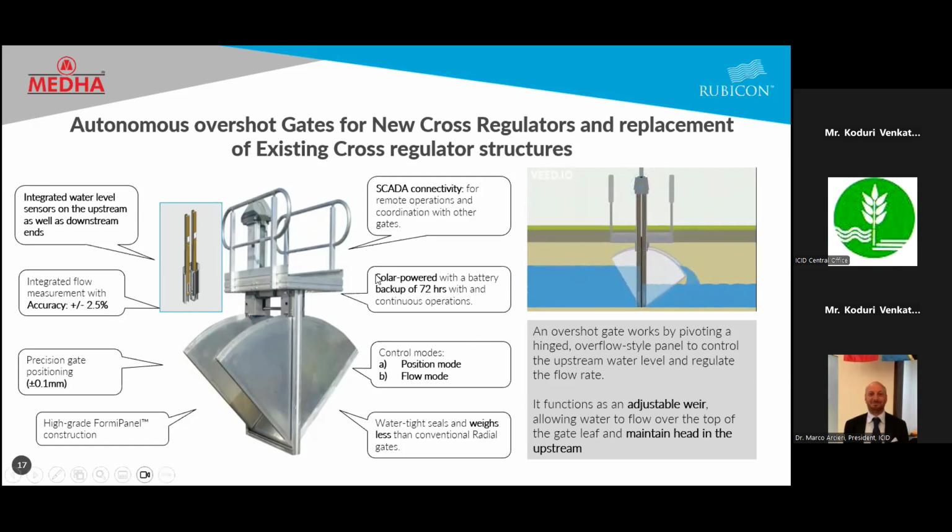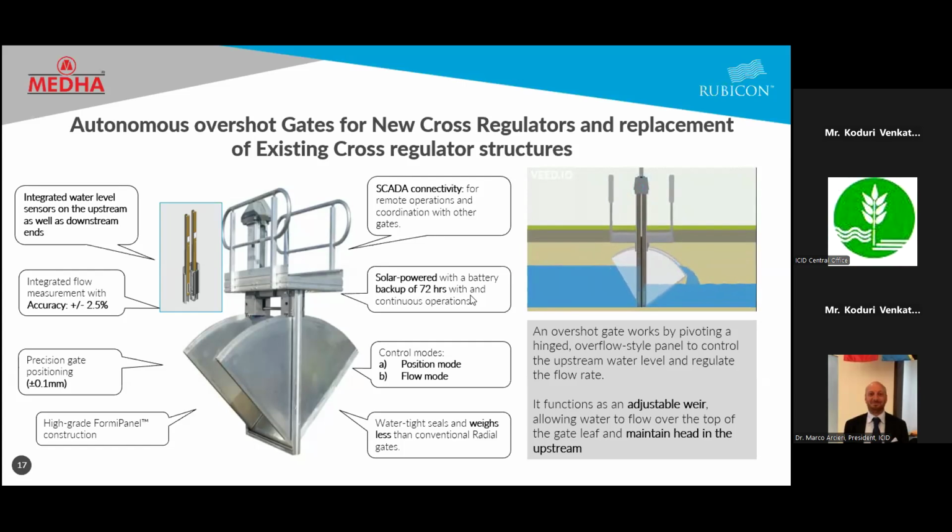All these gates also come with a solar powered battery that has a lifetime of 72 hours with continuous operation. When I say 72 hours, this operation is for 3 continuous days where the sun did not shine for the solar power. At the same time, they have been operating at least once in 10 minutes to maintain itself and communicate its measurement and the flow with the main control server.